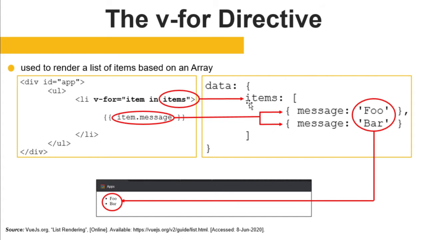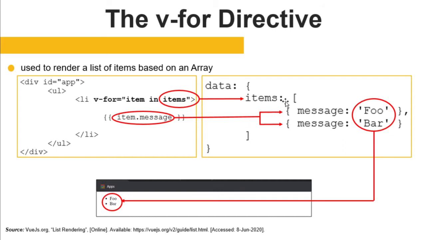Then to represent each element, I use the singular form of items, which is item. So in our example, starting from the first element, it will be represented by the alias item. Then for the next iteration of this v-for directive, just like a for loop, we are able to get the second element.